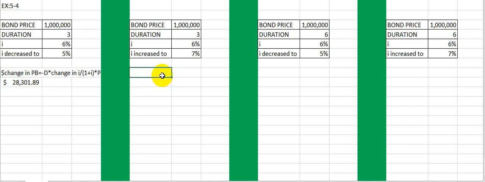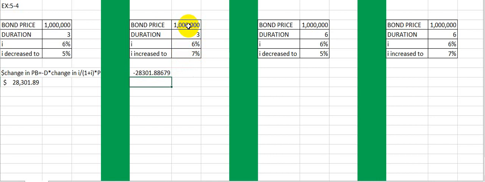Now the question says, what will happen if the interest increased to 7%? Using the same rule, the minus duration of the bond, which is 3, times the change in interest. Now the change is always new minus old, so it will now be 7 minus 6, divided by 1 plus the initial I, which is 6%, times the price of the bond.